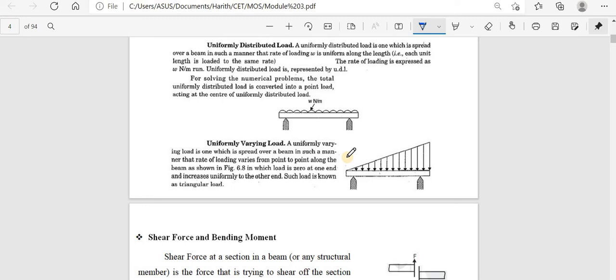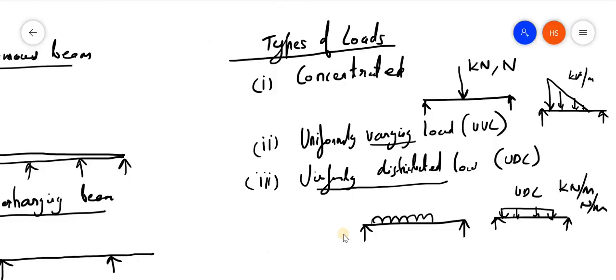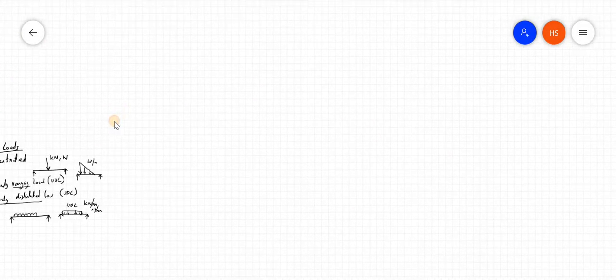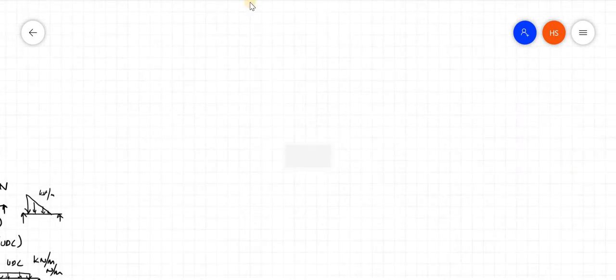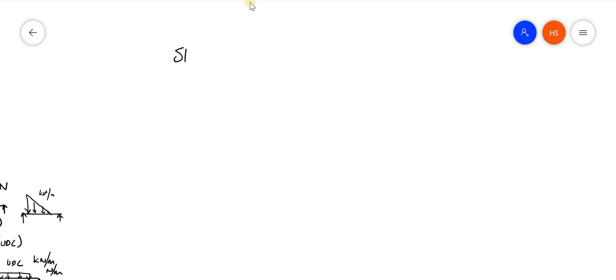Here you have to find the shear force, represented as SF, and the bending moment, first in a cantilever beam, second in a simply supported beam, and third in an overhanging beam.